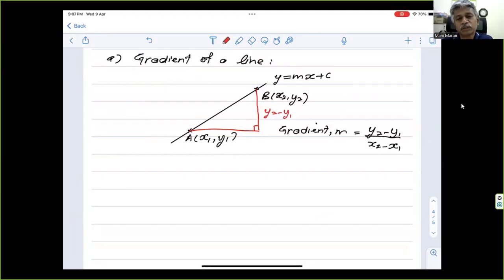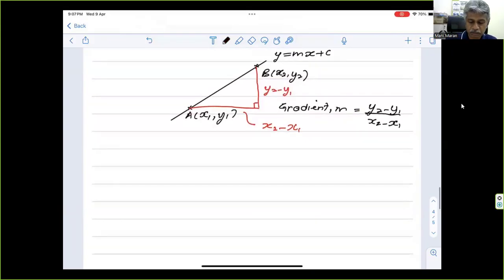So the vertical height is y2 minus y1, and the horizontal distance will be x2 minus x1. It is as simple as that. So basically, the meaning of gradient is you take the vertical height, divide by the horizontal distance between 2 points, and you'll get the gradient. For a straight line, it is very straightforward, very simple.